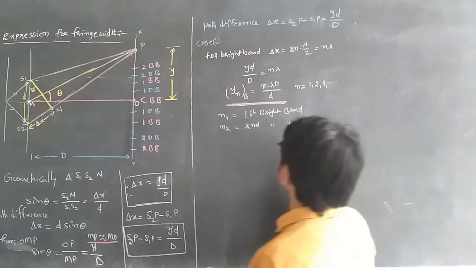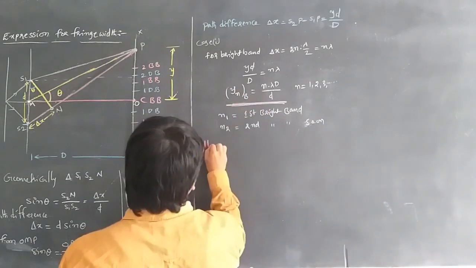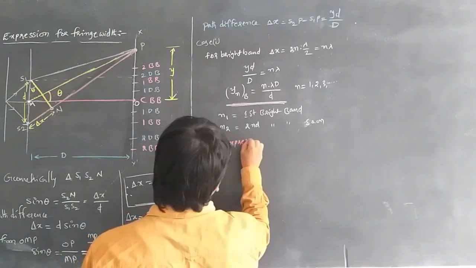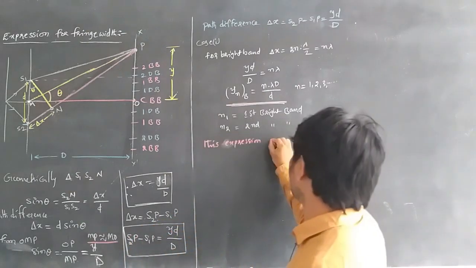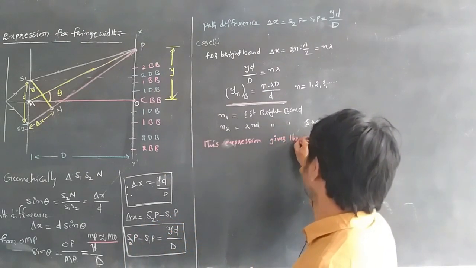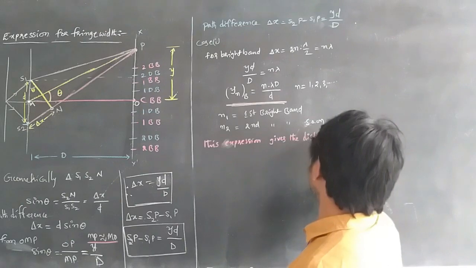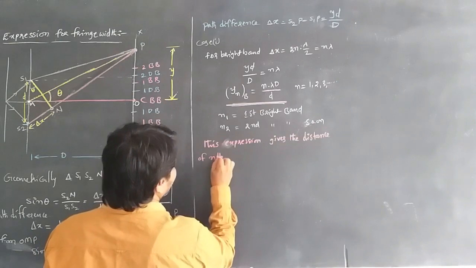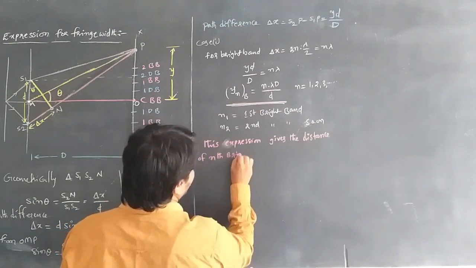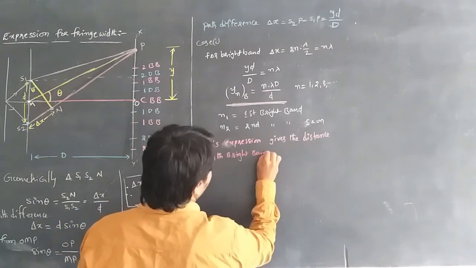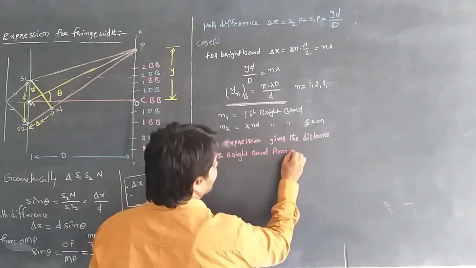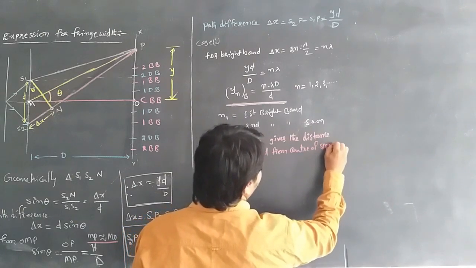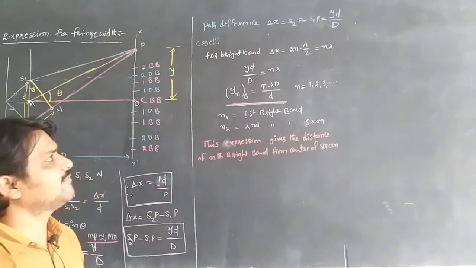So this expression gives the distance of the nth bright band from the center of the screen.